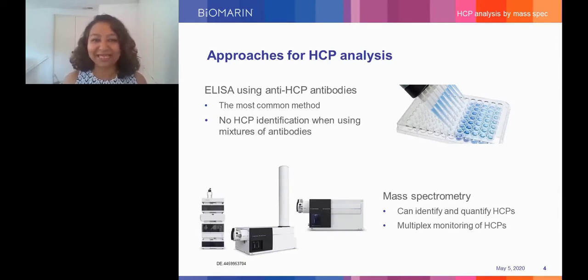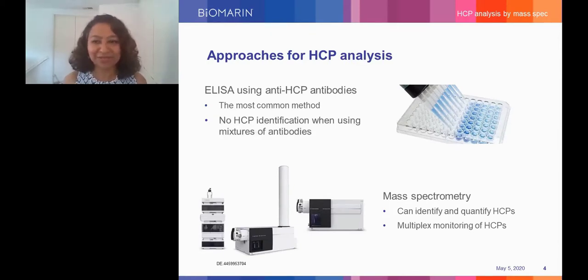Then you collect the antibodies, and using those host cell protein antibodies, you make an ELISA. And then that ELISA can be used in a commercial process rather inexpensively and reliably.